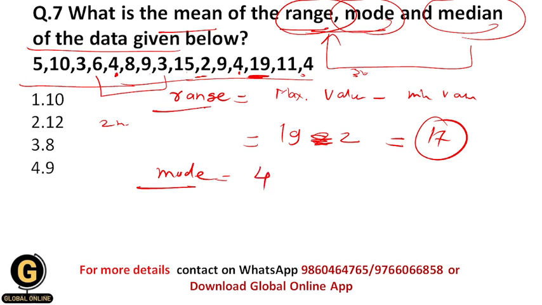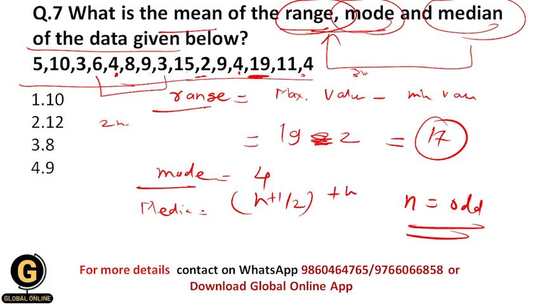Now let us find the value of median. For the median you need to arrange your data in either ascending or descending order, and find the middle value, and there is a common formula for median as well. Median is equal to the (n plus 1) upon 2th term when n is odd.